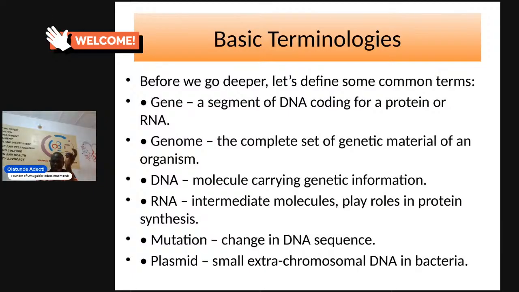Then plasmid, we will also come across what is called a plasmid. A plasmid is nothing but a small extrachromosomal genetic material that can be found in bacteria. And research has told us that the majority of microorganisms that have plasmids are more virulent.